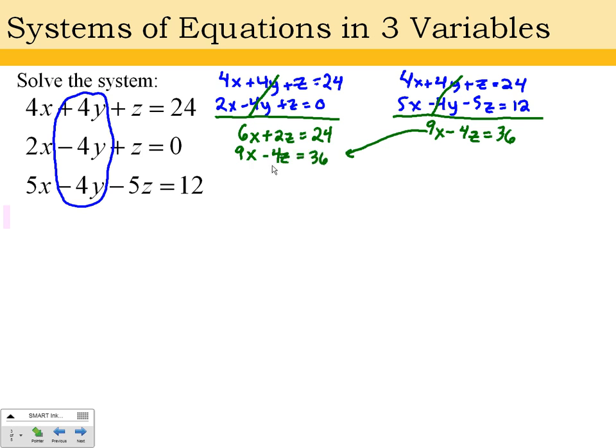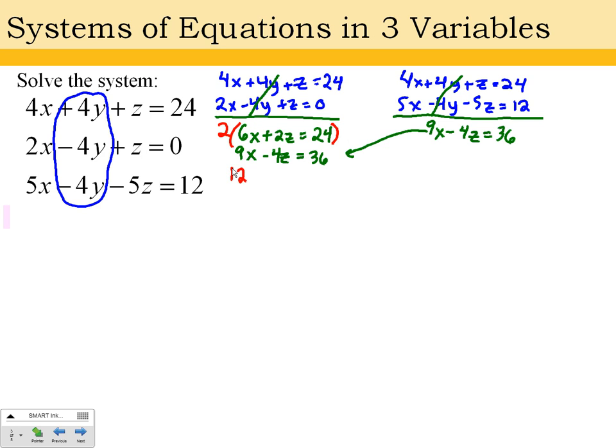Okay, I am now going to try to eliminate either x or z. It doesn't matter necessarily which one I pick, but there might be one that's easier. For example, there's nothing I can multiply 6 by to get 9, but if I multiply this 2z by 2, I can get 4. And if I multiply by a positive 2, then my signs will be different, 4z and minus 4z, which will end up eliminating.